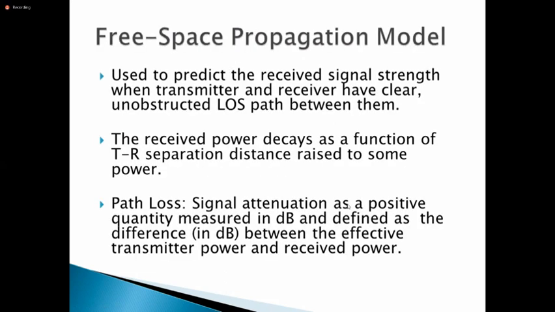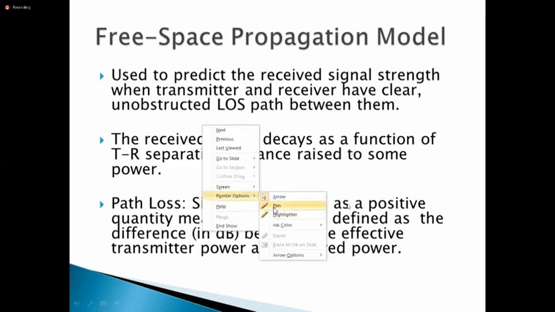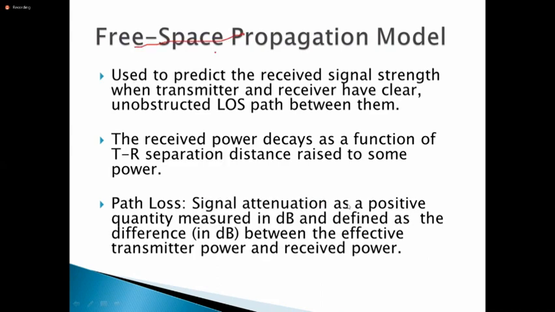Right. So, the free space propagation model. Now this is the most important thing in this chapter. Free space propagation model. Okay? The free space propagation model is based on the large scale path loss model; it is a model that comes within that.